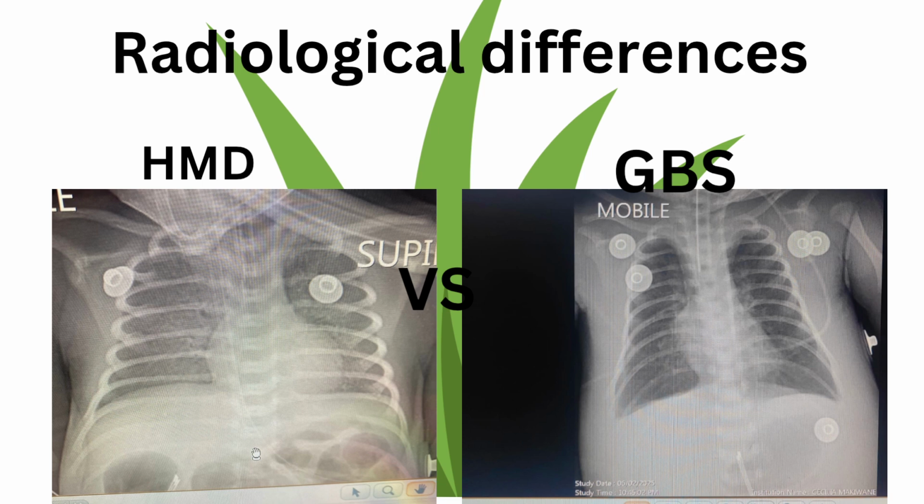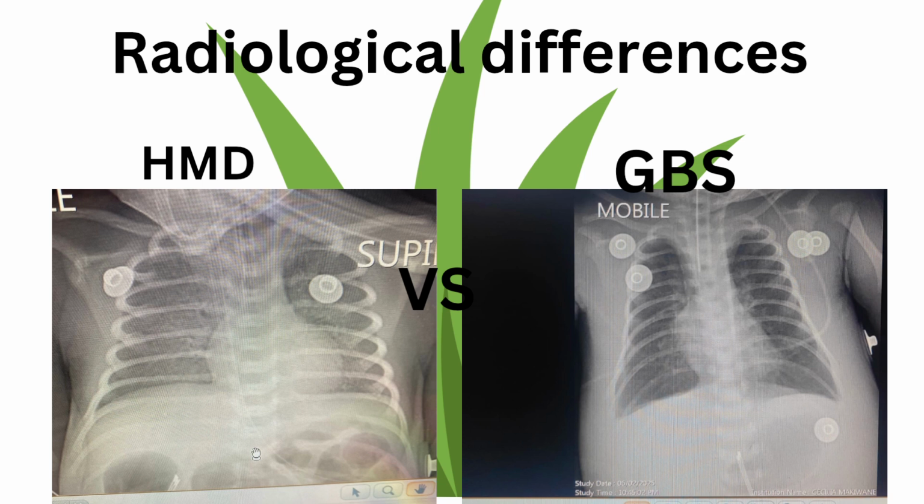Then secondly, you look at the chest x-ray findings themselves. An HMD will have a diffuse bilateral symmetrical reticulogranular pattern. This is what gives them the background haziness or ground glass appearance that they usually have. Whereas a GBS pneumonia patient will have diffuse streaky interstitial infiltrates.